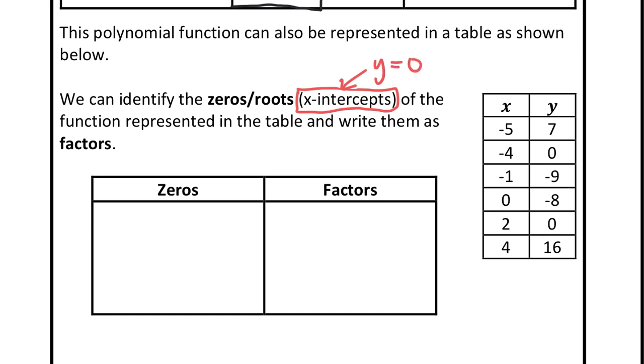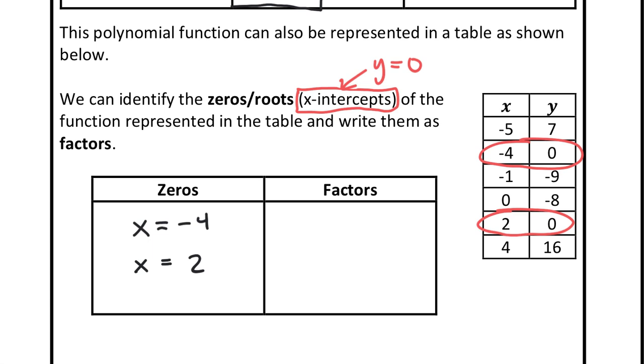So if I look at my table, do I have any x values where y equals 0? Yeah, I have 2. And so again, our x-intercepts are -4 and +2.